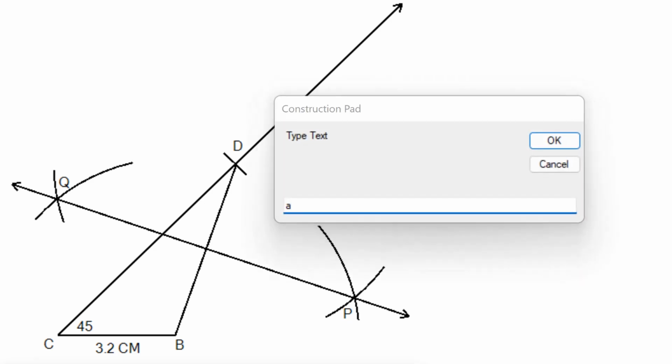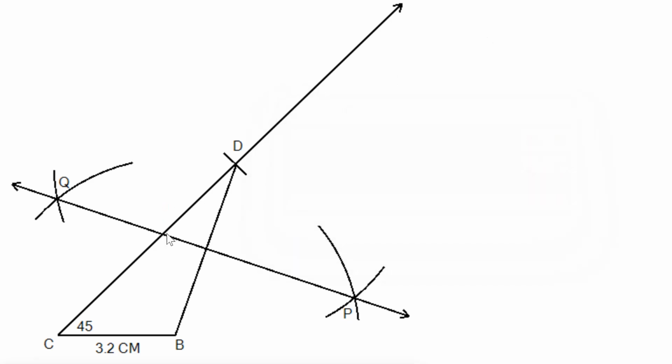Point A. And what is the last step in construction? Draw segment AB and measure its length. What is length AB? In my case it comes 2.8, plus minus 0.2. Okay, plus minus 0.2 is allowed.